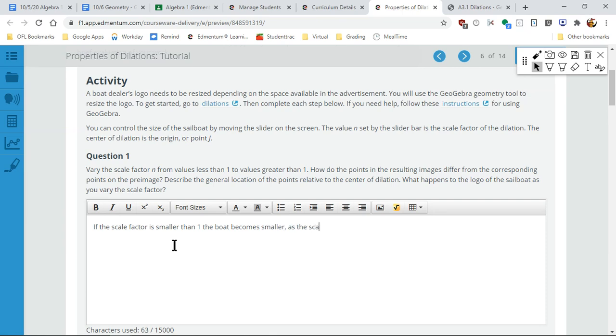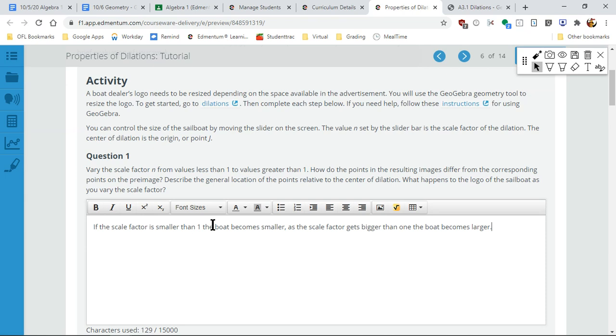As the scale factor gets bigger than 1, the boat becomes larger.